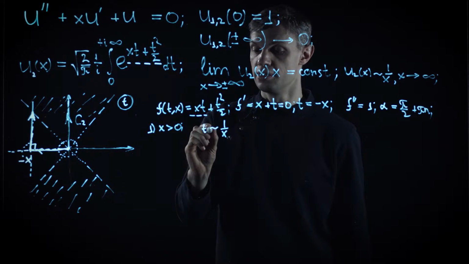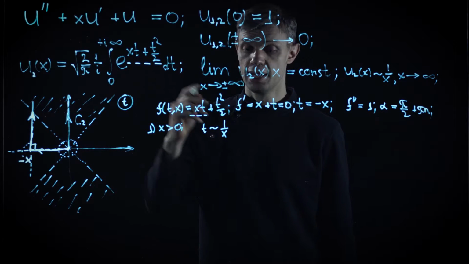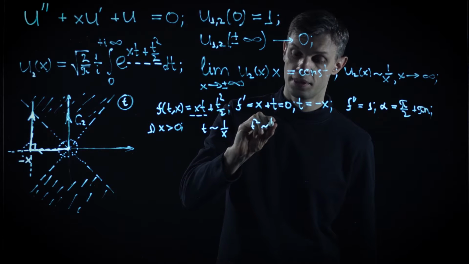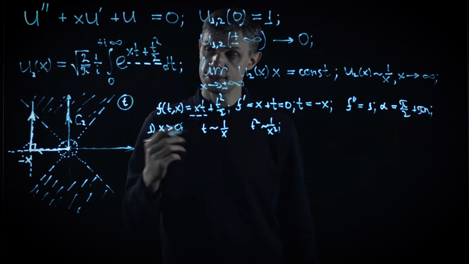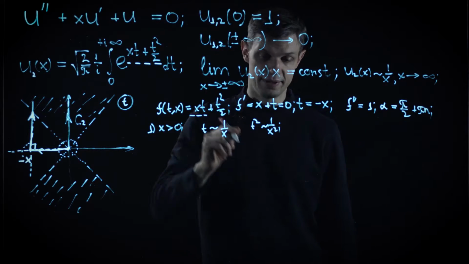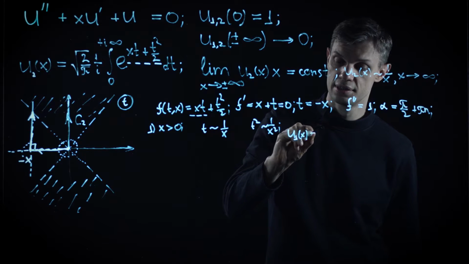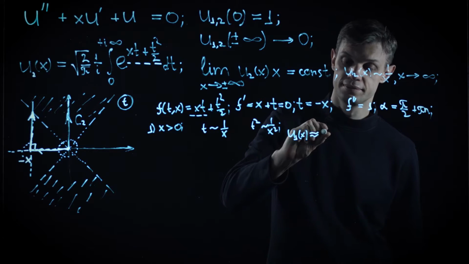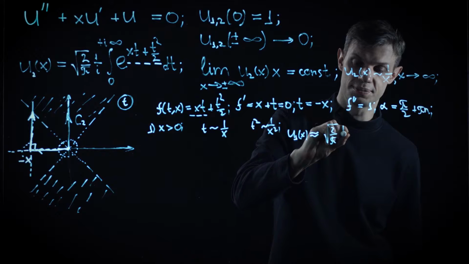Indeed, because when t is of the order of 1 over x, the first term is of the order of 1, and the second term is of the order of 1 over x squared, so can be safely discarded. This way, the whole integrand is simplified, and the asymptotics is defined by the following simple expression.